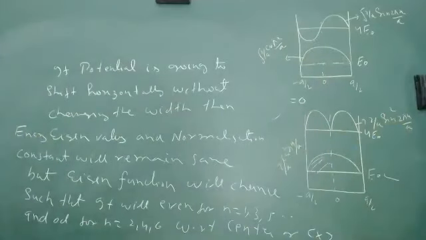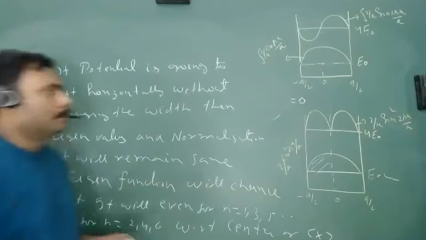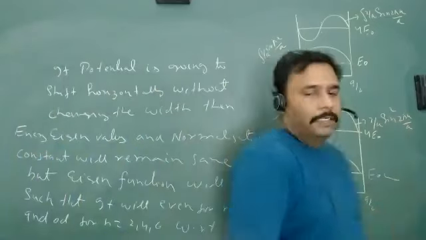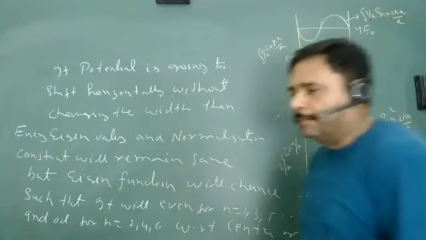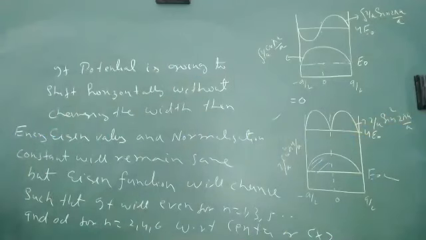So let's go for the next version of the box. We will solve the problem together for every box, but right now we are just going for the next story. Then this is not infinite, rather it is just a finite potential. So if you have any doubt, you can ask me, otherwise we will go for the finite potential.